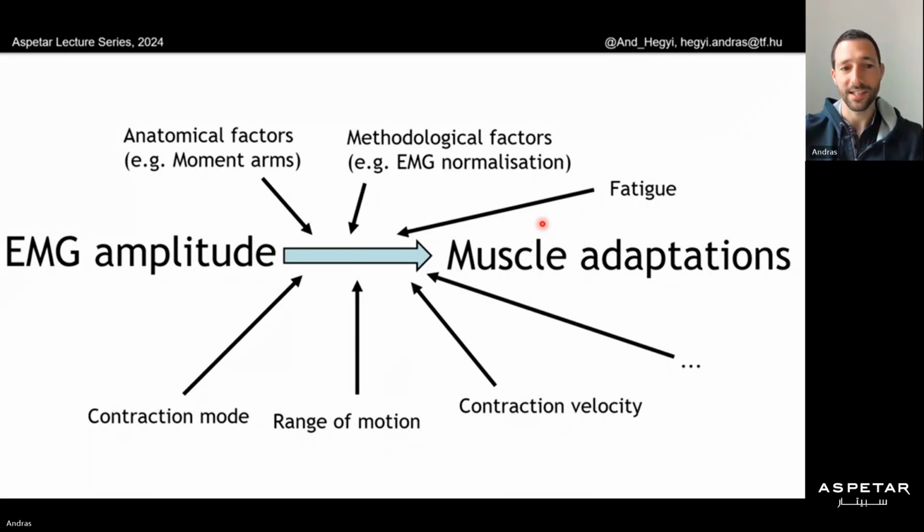Of course, EMG amplitude alone is not sufficient to understand muscle adaptations. There are lots of other factors playing a role. So we need to think about a complex understanding of muscle EMG activity, but also the mechanics of the muscle to understand muscle adaptations.